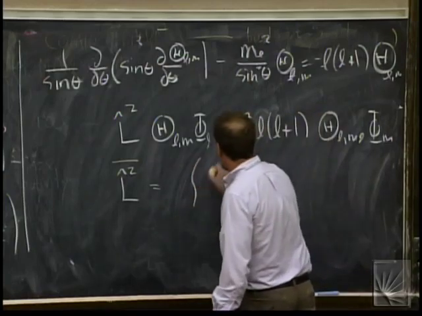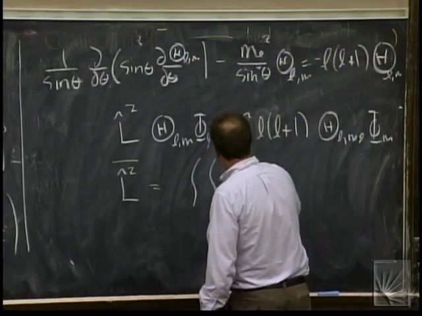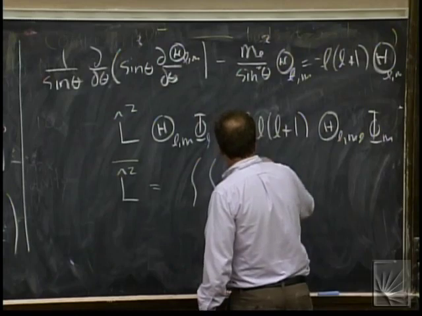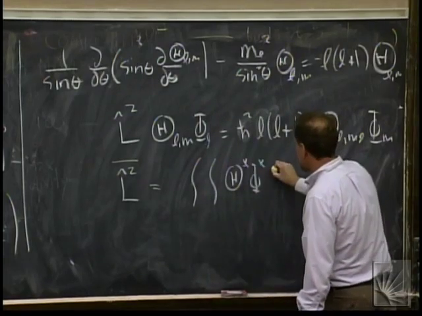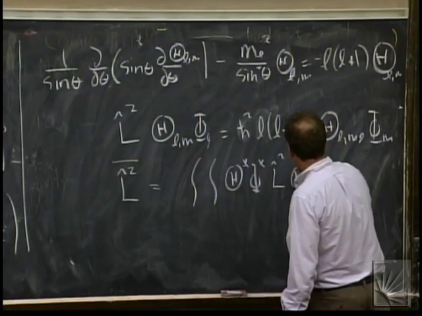Okay, just to write it out fully, I have to write theta star, phi star. I'm going to drop the L and M sub L subscripts. They're implied. I don't want to write them down.